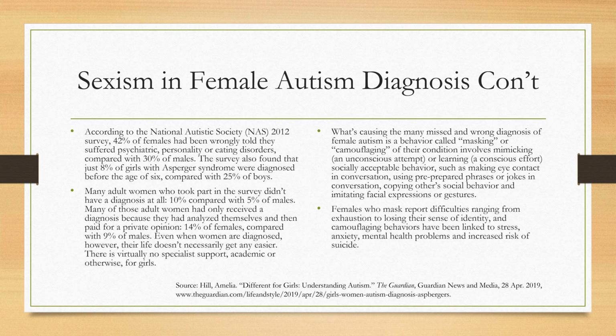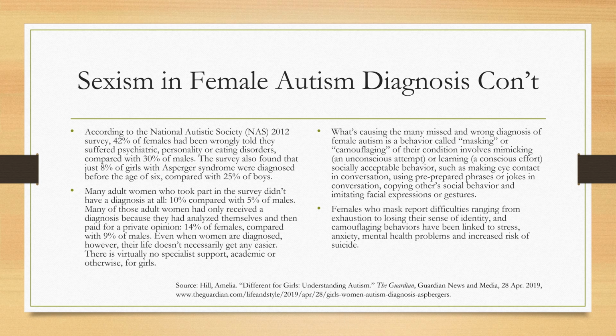However, there has been current research to show that there is a possible difference with male autistics and female autistics and how they behave. For example, what's causing the many missed and wrong diagnoses of female autism is a behavior called masking, or camouflaging, of their condition.